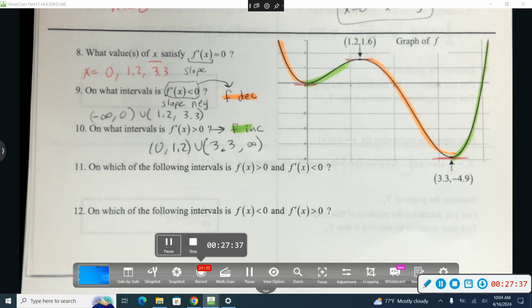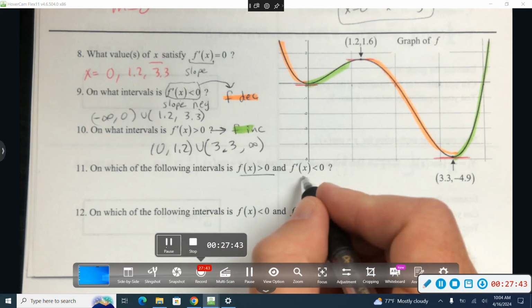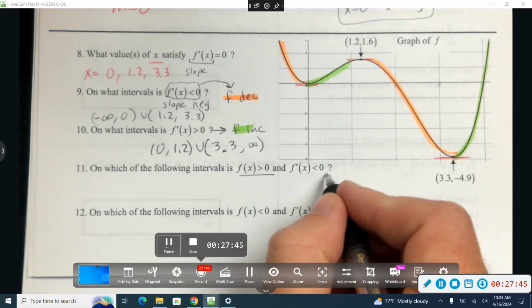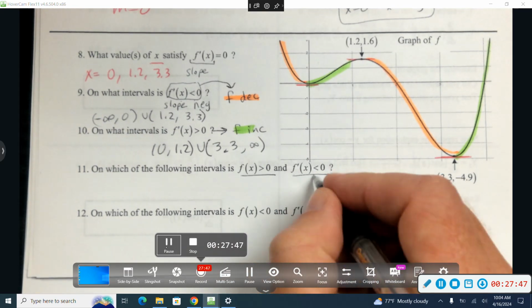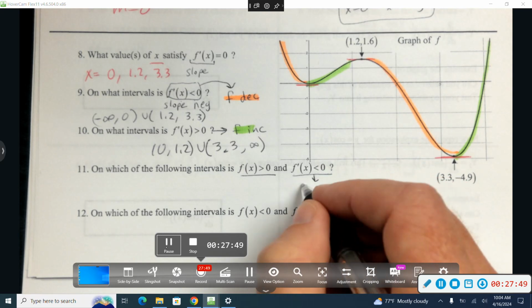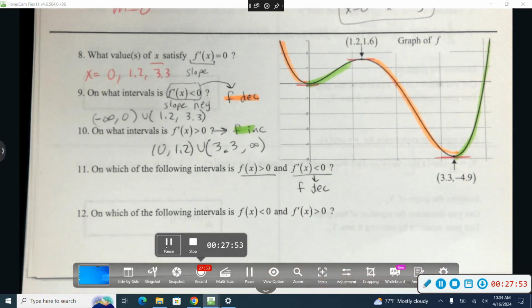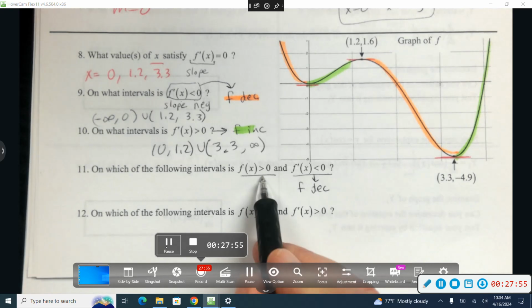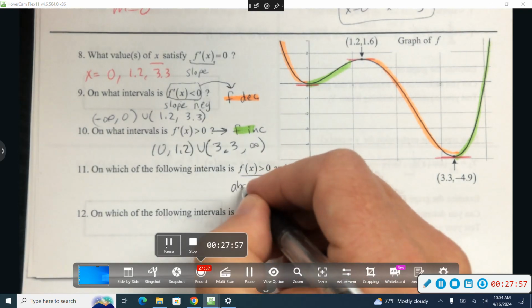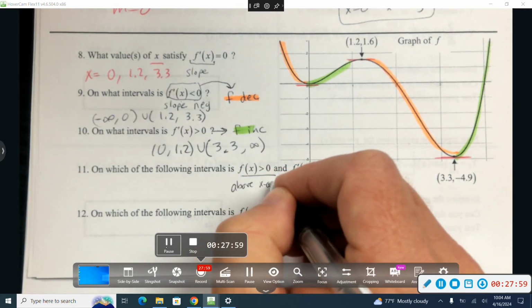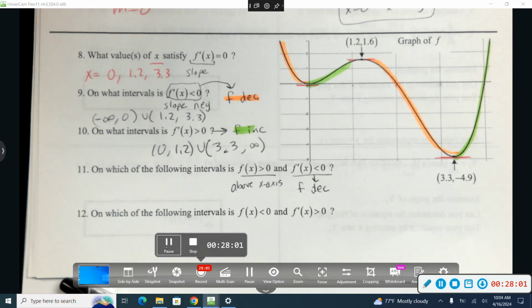Okay, 11, we try to get tricky on you here. On which of the following intervals is f greater than 0 and f prime less than 0? Again, I'm going to translate that, because f prime less than 0 means f is decreasing. So I want my function to be above the x-axis. I'm trying to translate this into the picture so I know what to look for.